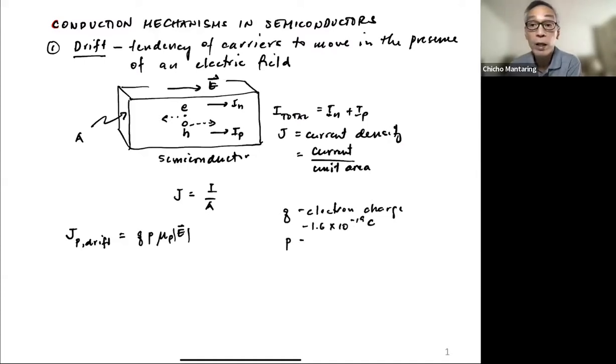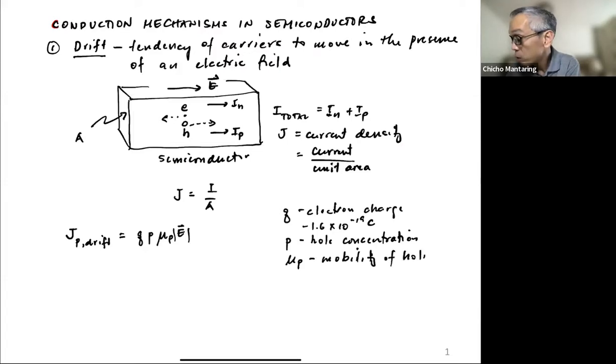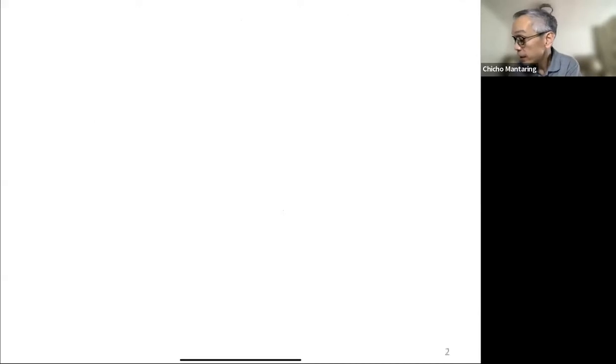P is your hole concentration, ano ibig sabihin ng P? So this is number of holes per cubic centimeter. Usually we specify it in terms of cubic centimeter. Mu_p, this is called the mobility of holes. This is a measure of how mobile the hole is in the solid.